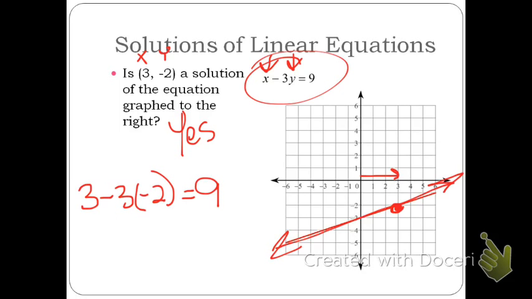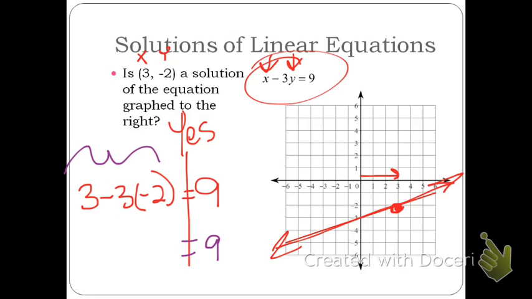It's just like when we were evaluating expressions before. To see if this is an actual solution, you look at your equation on the left and right hand side separately. You will use your order of operations on each side. The right side of this equation is equal to 9. There's nothing else to do with that. So we just want to see if the left-hand side of the equation is equal to 9 or not.